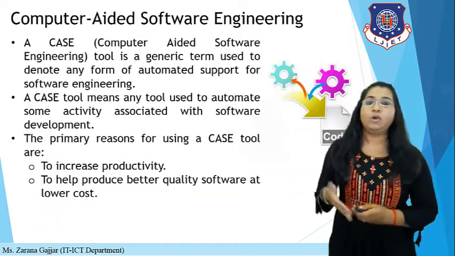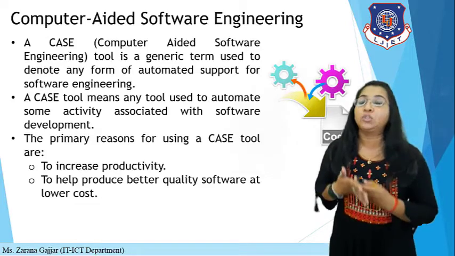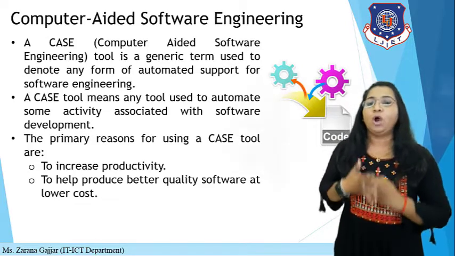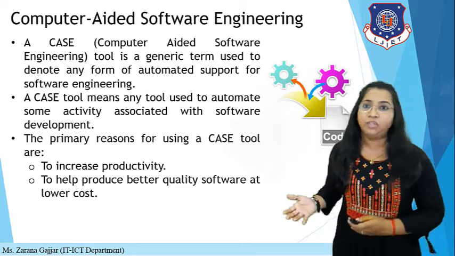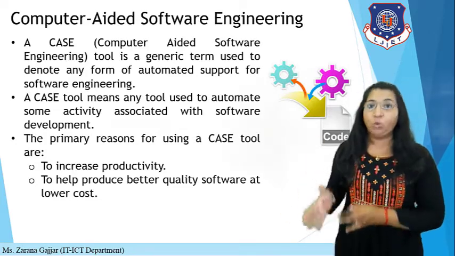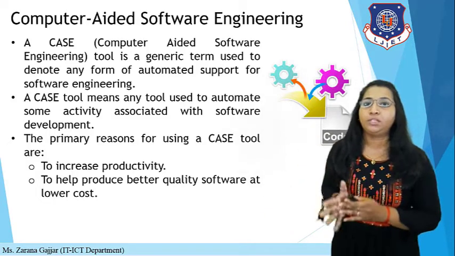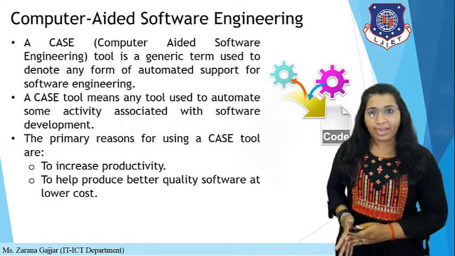Now let's discuss another topic of today's lecture, that is CASE, meaning computer aided software engineering, that we have already learned in our previous lecture. A CASE tool is a generic term used to denote any form of automated support for software engineering.